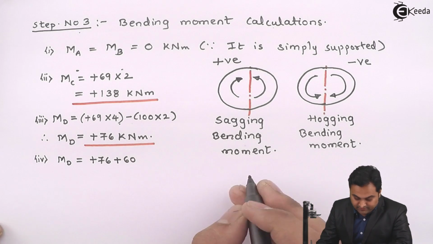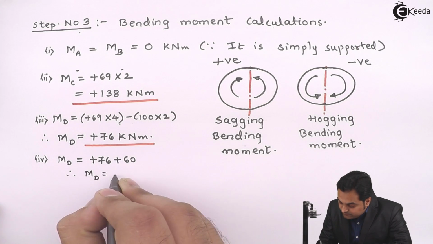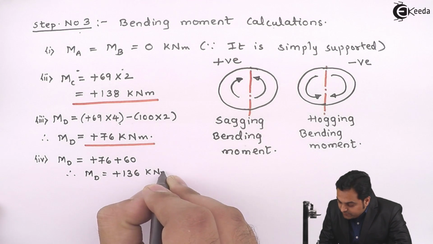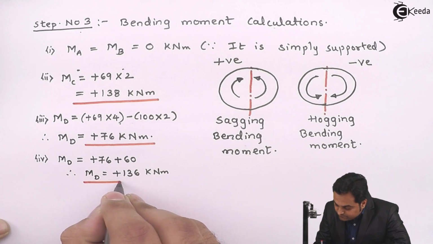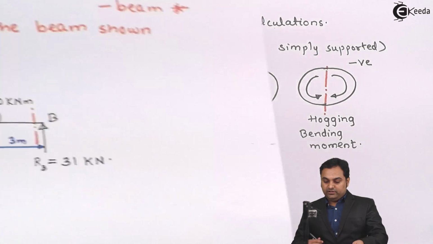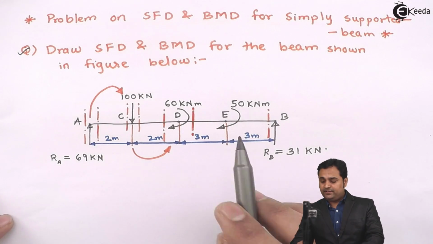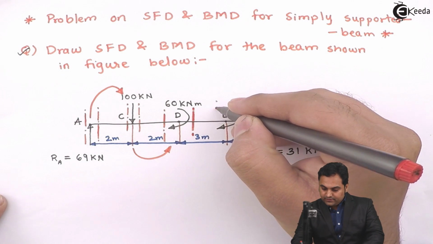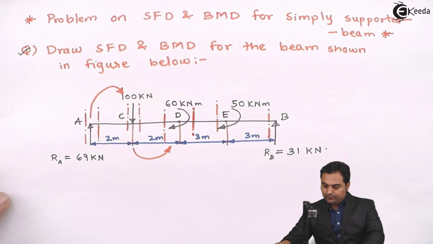So here I'll get the value as plus 136 kilonewton meter moment at D. Now similarly we have point E at which there is a moment acting. So we will have two values of bending moment. First, taking the section to the left of E, I'll calculate the value of moment.